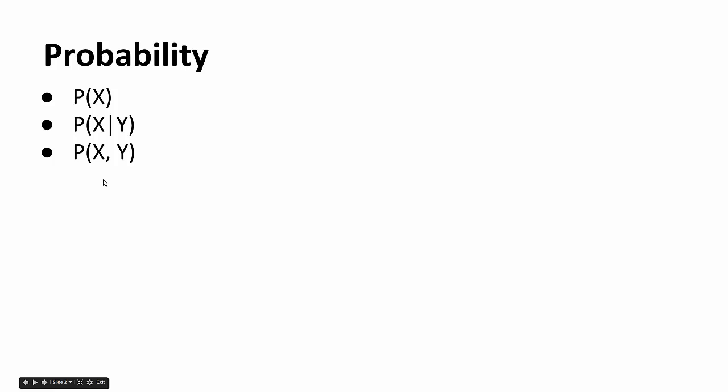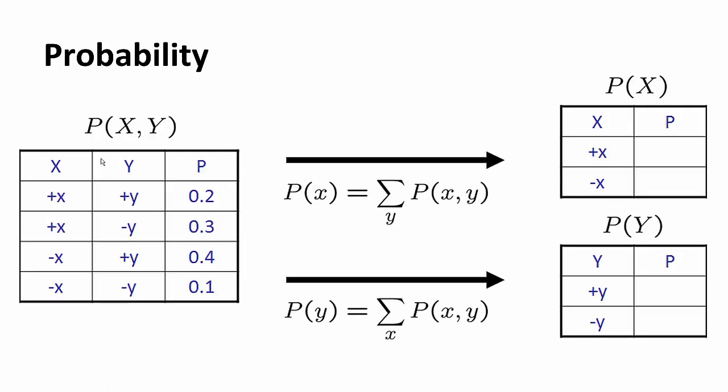So let's jump into the first formula right now, which is the formula to go from the joint probability of x and y into the singular probability of x. We're going to use this equation listed right here. The probability of x is equal to the sum over y's of the probability of x comma y. So let's go through the quick calculation to calculate the probability of plus x.